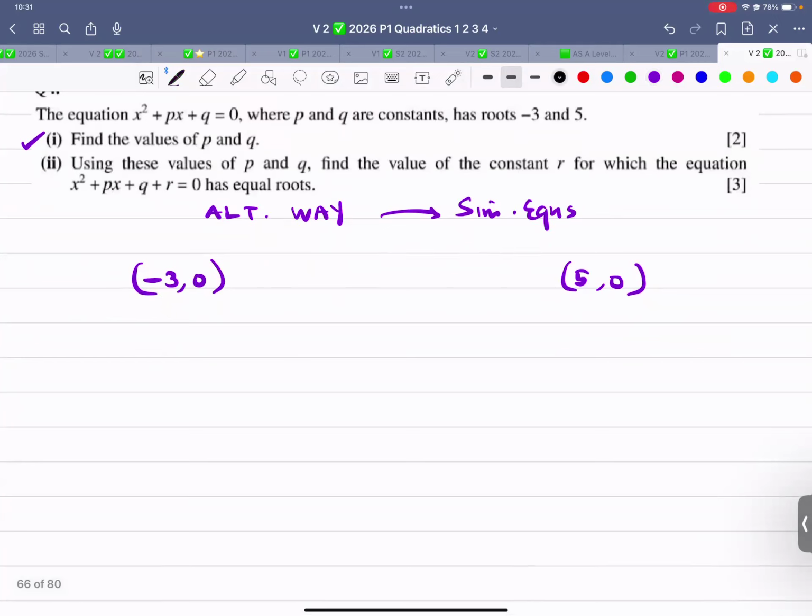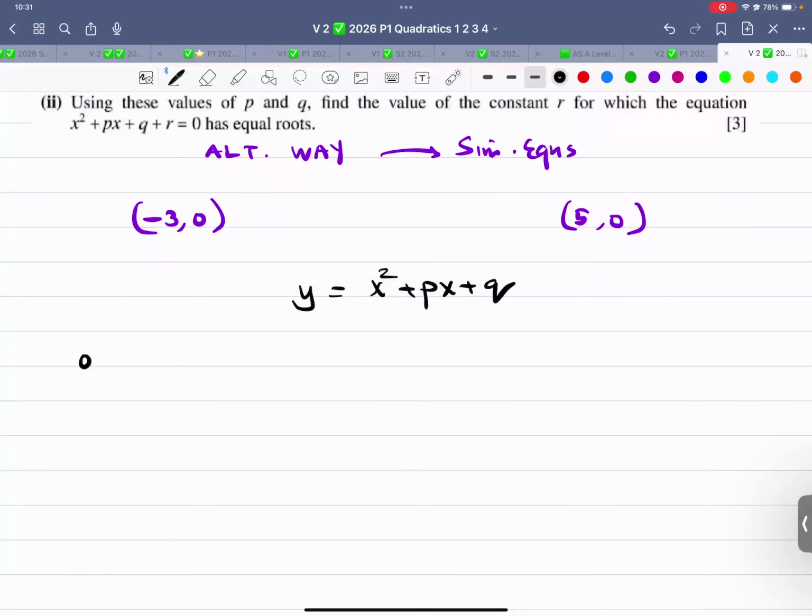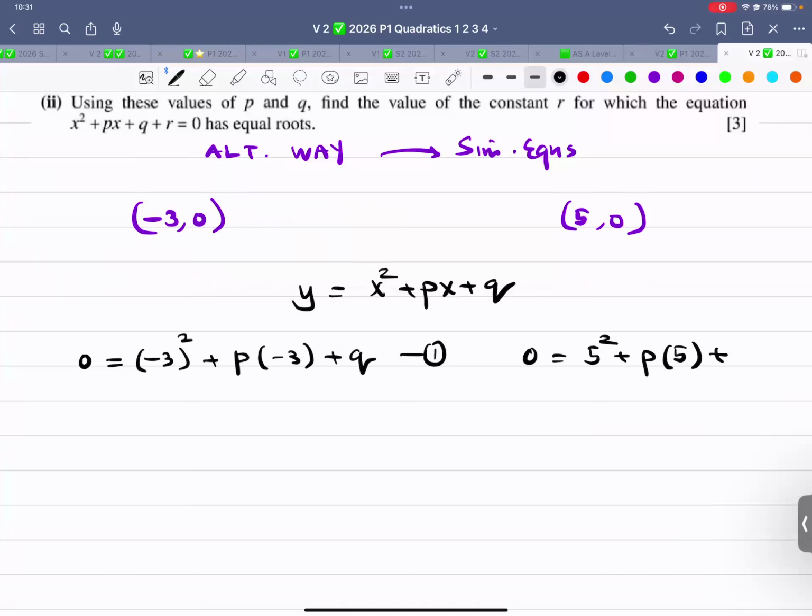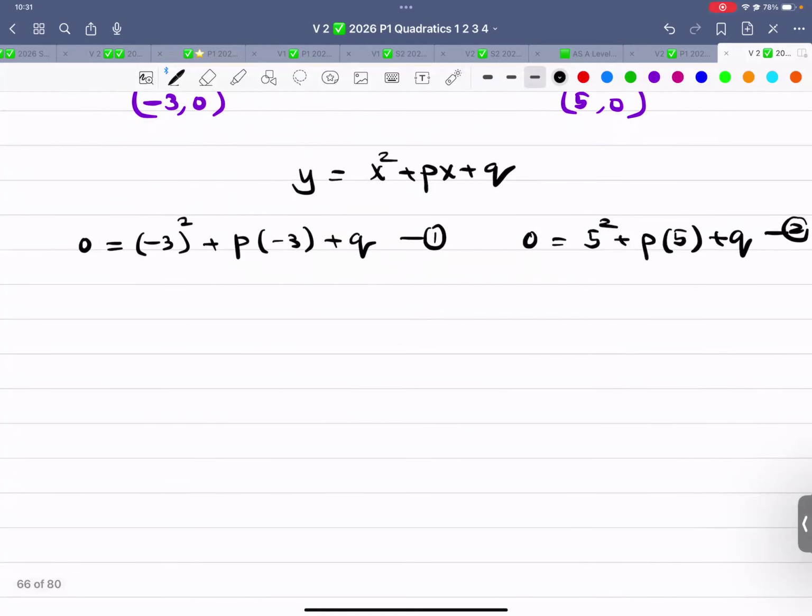So therefore, we have y equals x squared plus px plus q, and y is 0. This is minus 3 squared plus p times negative 3 plus q. That is equation 1. And over here, 0 equals 5 squared plus p times 5 plus q. That is equation 2. And then you solve it simultaneously.